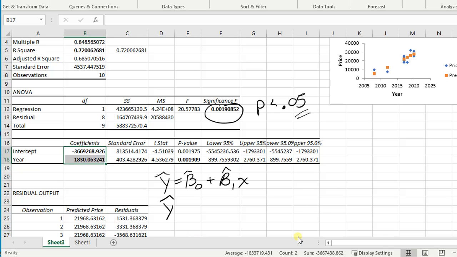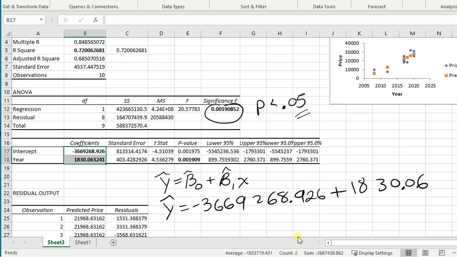So y hat equals b naught, the intercept, which is negative 3,669,268.926, plus 1830.06, some more decimals there, times x. Remember x is the year. If you give me a year, I can predict a price for you using this equation.